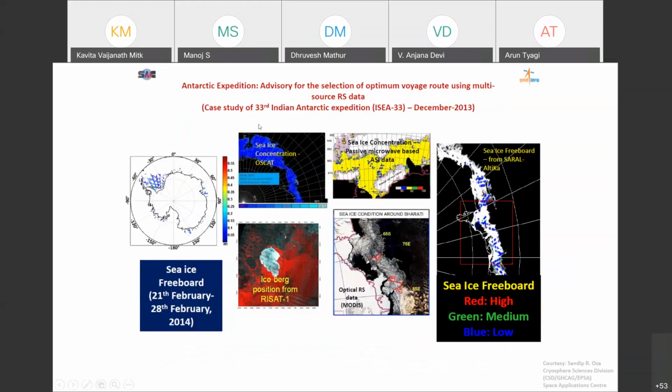Some of the parameters, like sea ice concentration, we have derived from OSCAT, and the iceberg positions from RISAT. Sea ice concentration using passive microwave data we have also derived. Then we have monitored the sea ice condition around Bharati using the optical data of MODIS. Then sea ice freeboard.